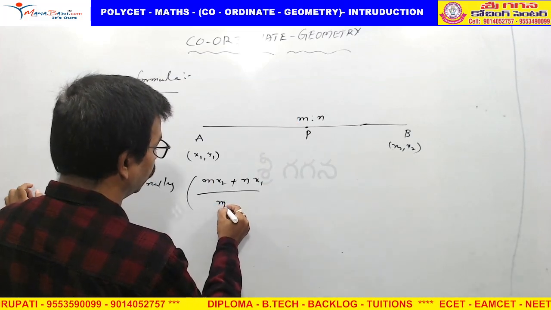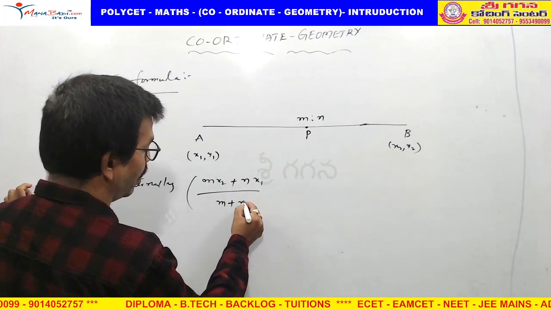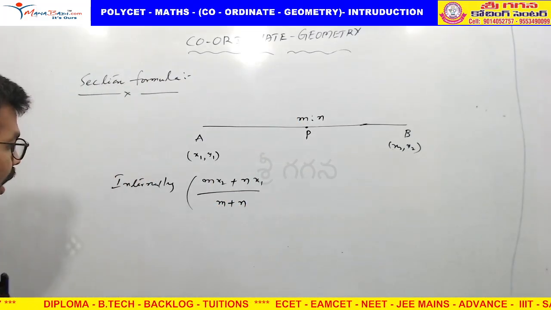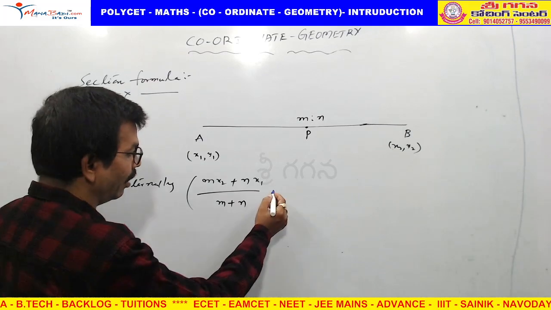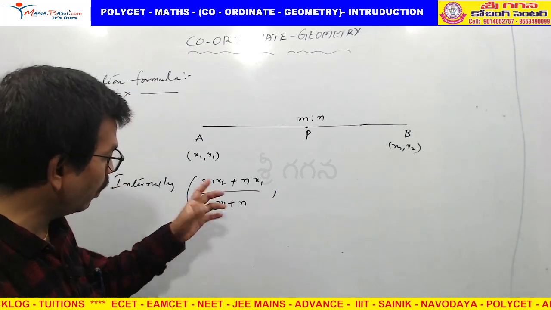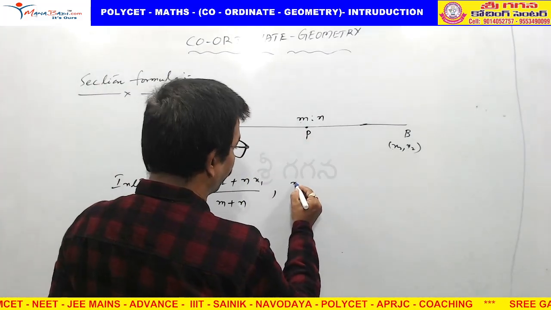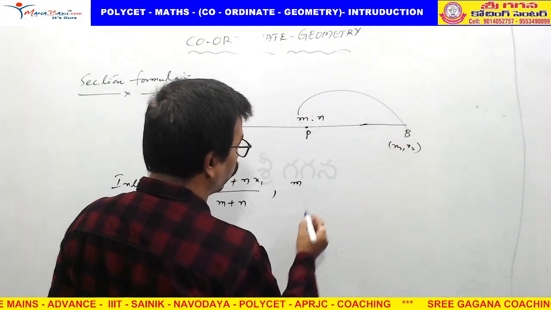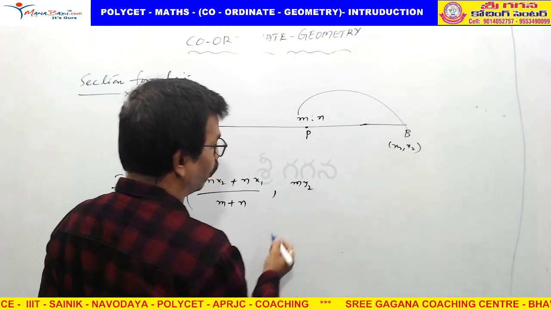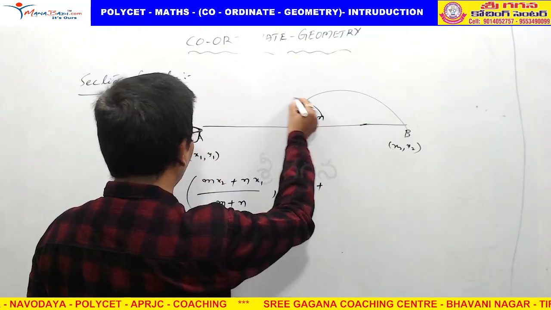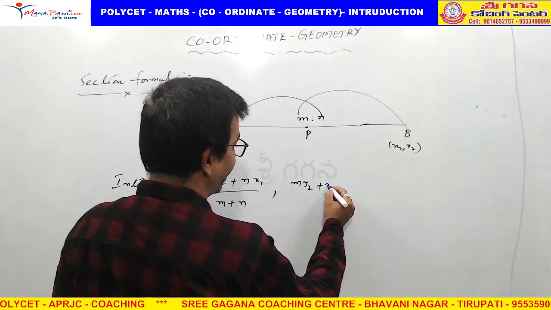The ratio is m is to n, so the sum is m plus n, when internally. So the x coordinate is completed. Next, what do you have to take? The y coordinate, same like that: m into y2, plus n into y1.